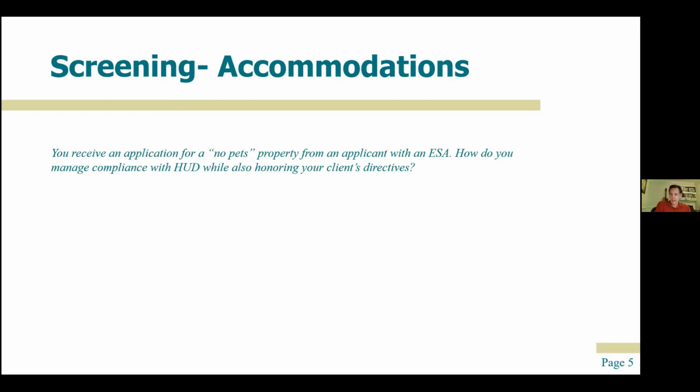So we adopted the petscreening.com platform so that our applicants go through, it's kind of like the application process takes a little hook. If they have an animal, they go through a little animal hook, then they come back to the application process. And pet screening is supposed to be looking at things like their emotional support animal certification and making a recommendation whether to grant the accommodation.